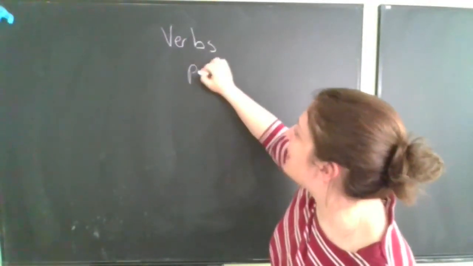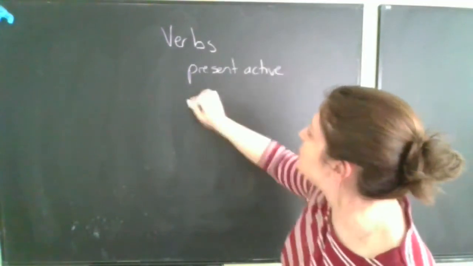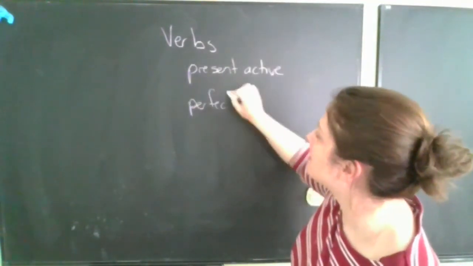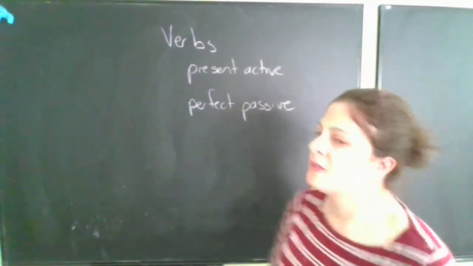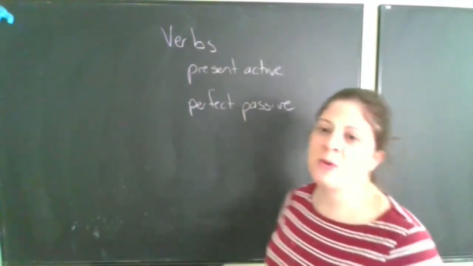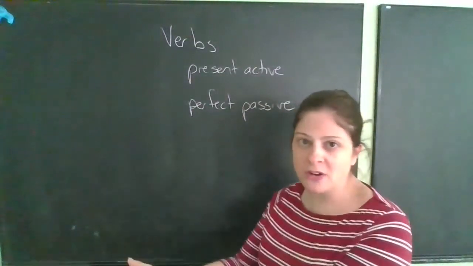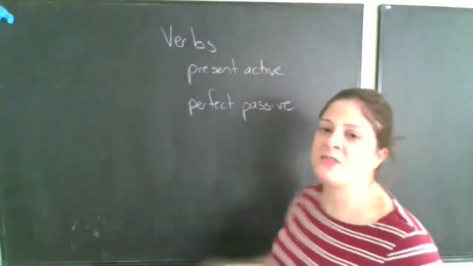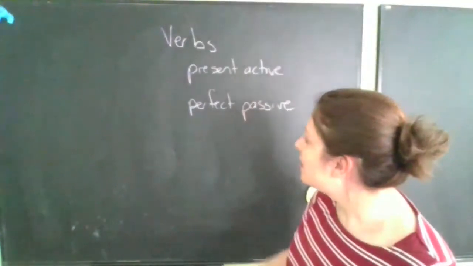We use this present active stem, and we use this perfect passive stem. So the present active, if you remember, is a stem which indicates an action happening, going on, doing, whereas the perfect passive indicates an action having been completed, right? It has already been done.